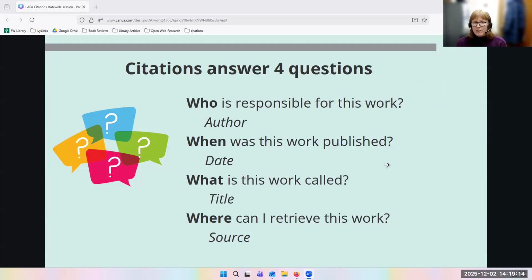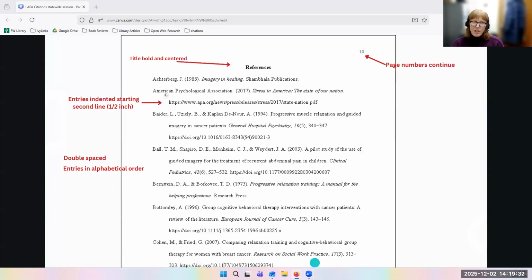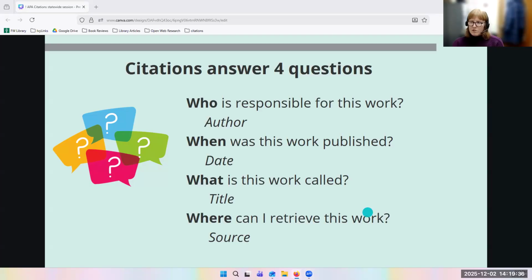And where can I find this work, which is the source itself, where you found it, the journal, the book, newspaper, etc. So we're going to answer these 4 questions in every citation that we do at our reference page, right? These citations answer each of these questions.